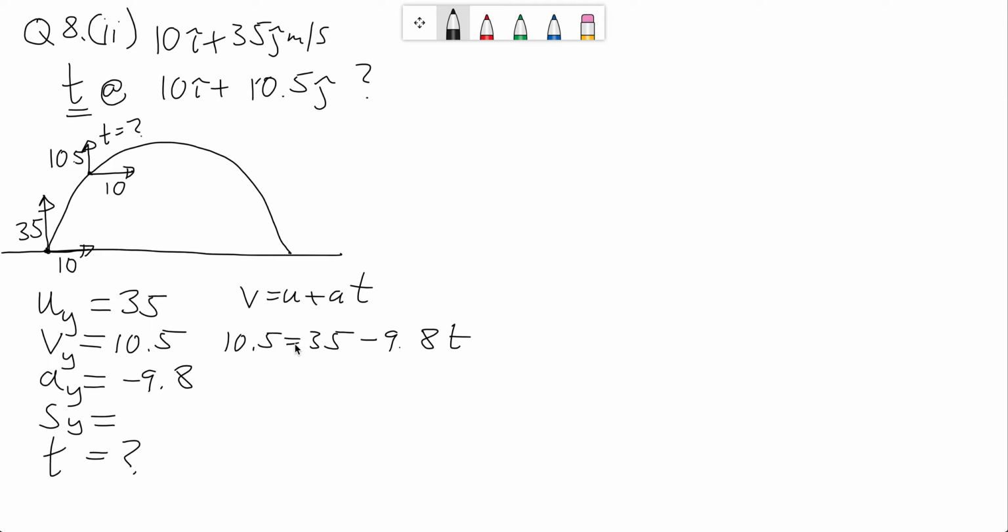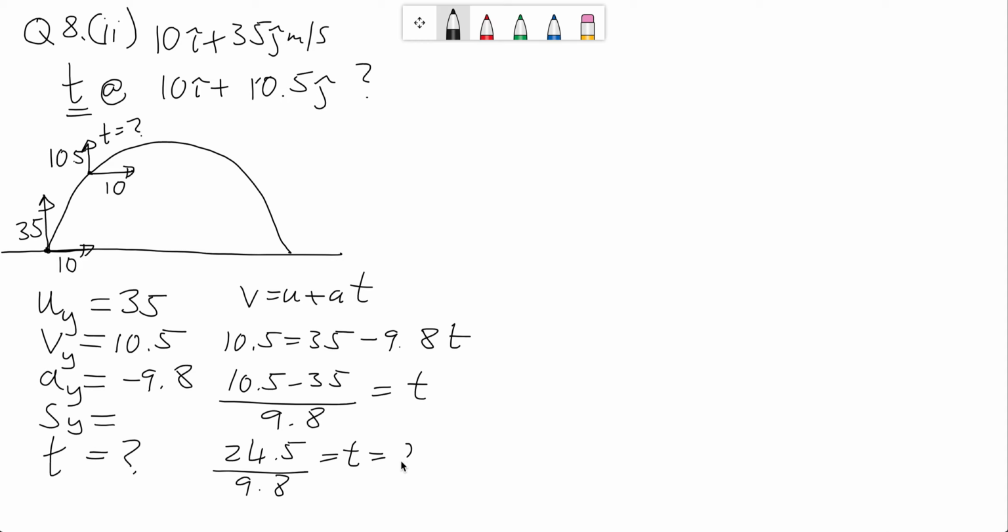So 10.5 minus 35, divided by minus 9.8, equals t. So 10.5 minus 35 leaves us with minus 24.5, divided by minus 9.8 equals t, so that means t equals 2.5 seconds. So that's the time here. The time to get to there would be 2.5 seconds.